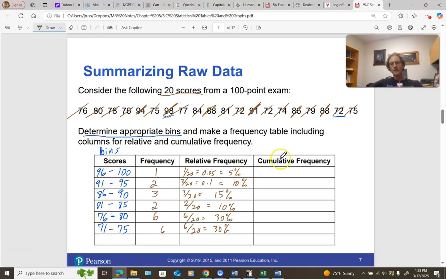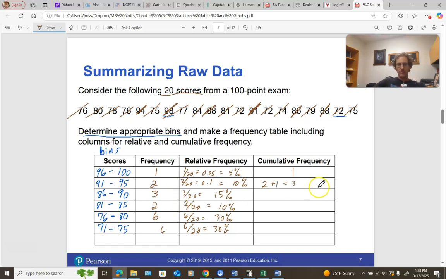Now, finally, to calculate the cumulative frequency, you start at the top and you say, okay, one person fell into that category. And then as you go in this next row, you're not only counting the 2, but you're counting the 1 before it. So that is a total of 3. Okay, 2 plus 1 is 3.